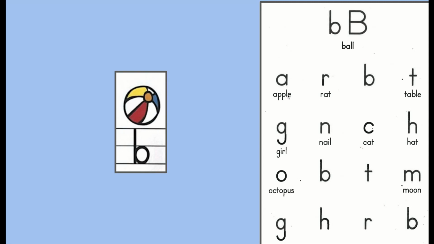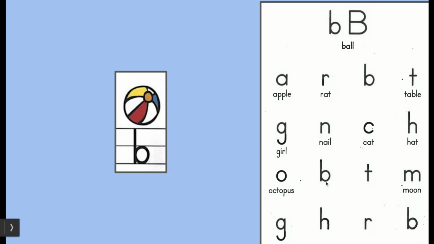A, apple. R, rat. B, ball. T, table. G, girl. N, nail. K, cat. H, hat. O, octopus.